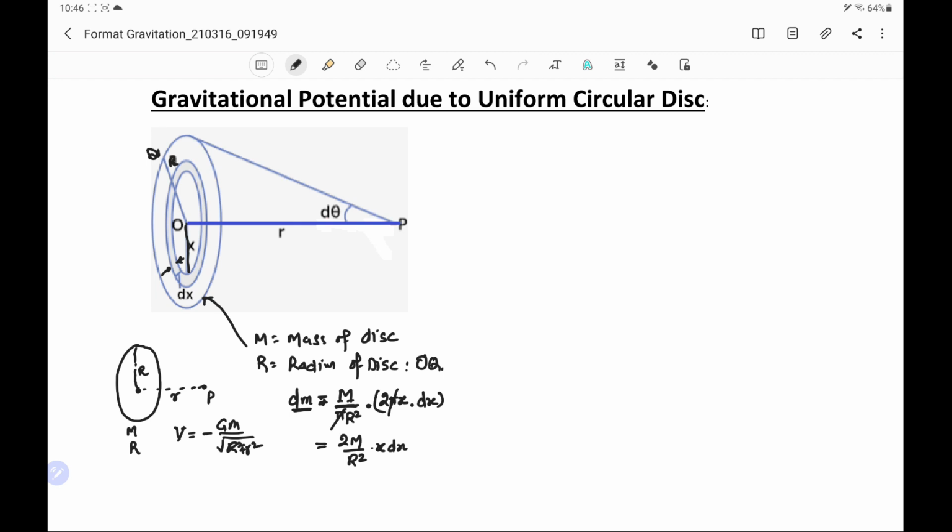And now we apply the formula for the potential at the point P due to this elementary ring.